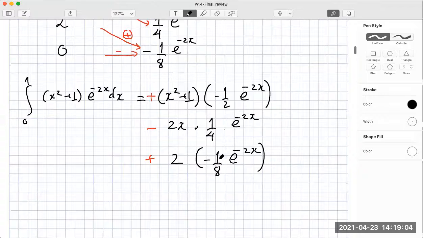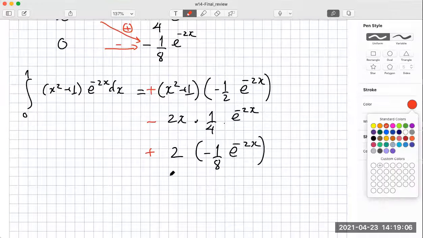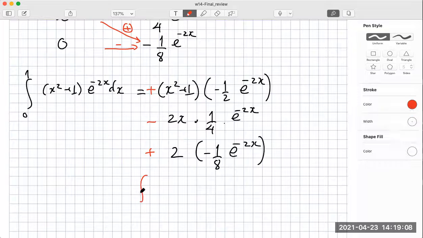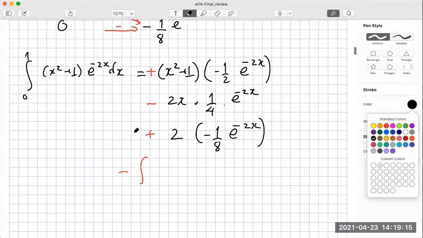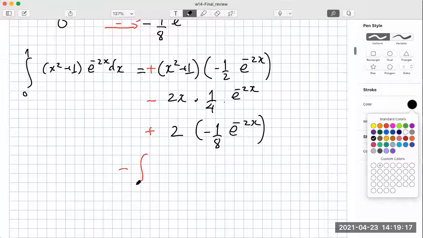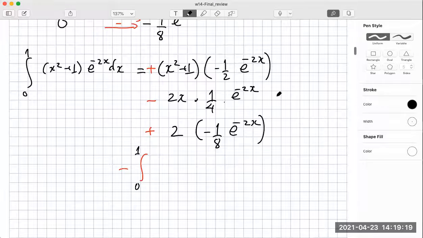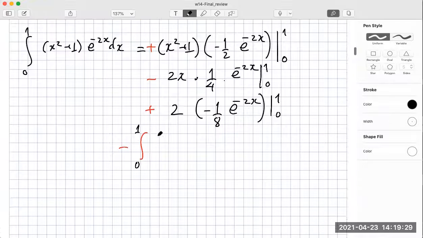And the last one, only the last one we would take integral. The sign of that is negative. Only the last term, take integral from 0 to 1. And remember, we evaluate the value from the same limit here, 0 to 1, 0 to 1.